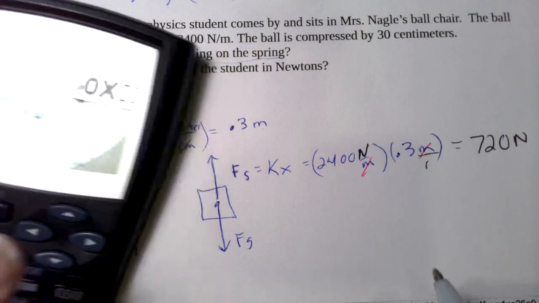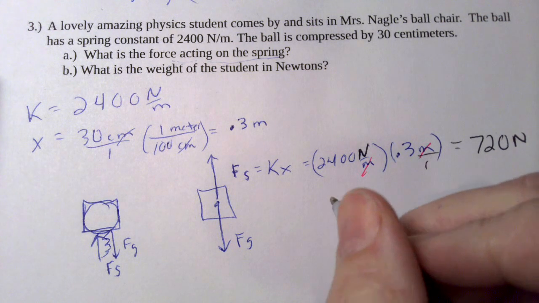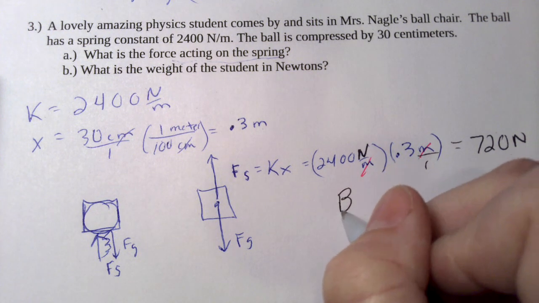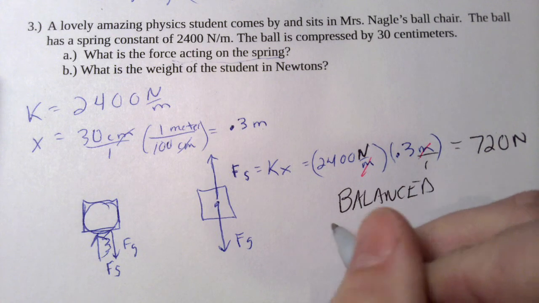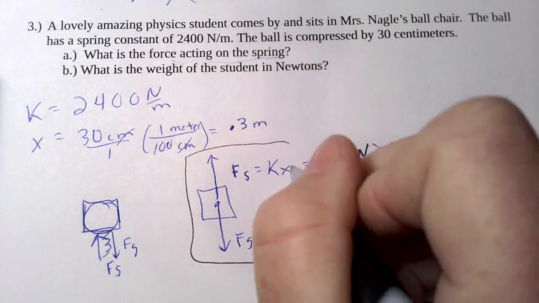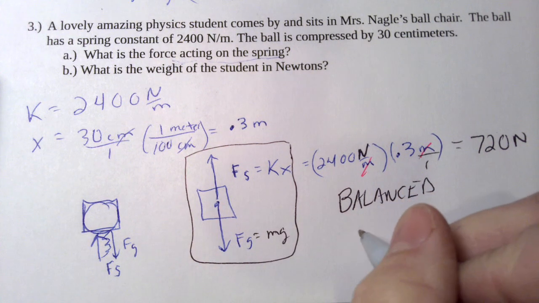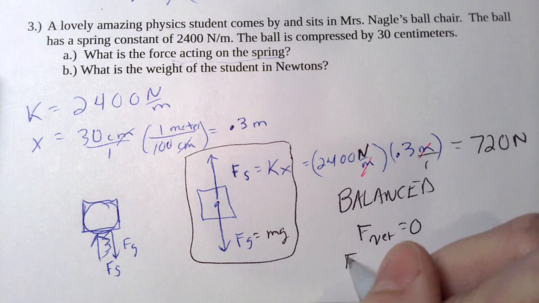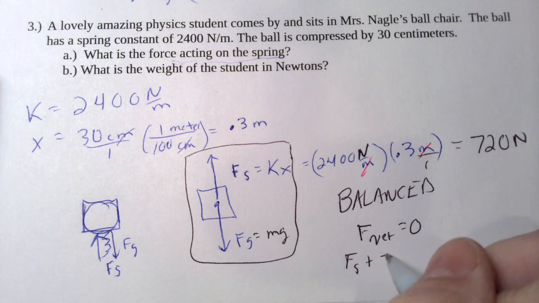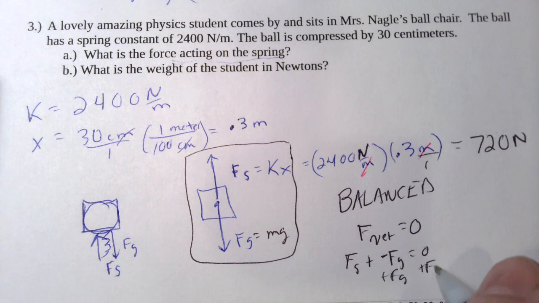Now, what is the weight of the student? Well, it's balanced. So here are the forces on the y-axis. Force net equals 0. I'm going to have my force of the spring plus a negative force of gravity equals 0. Add force of gravity on both sides.